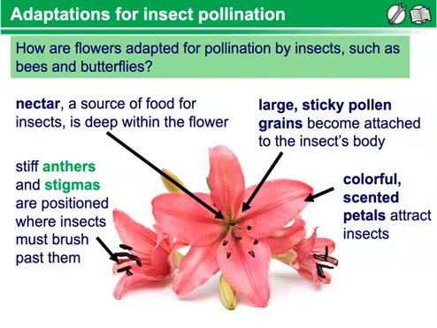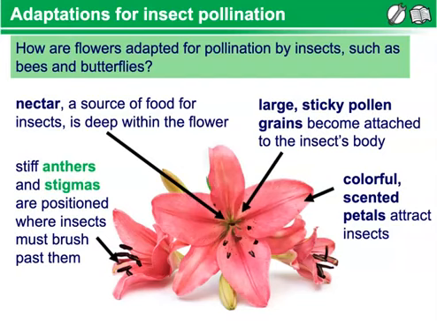Adaptations for insect pollination. How are flowers adapted for pollination by insects, such as bees and butterflies? The nectar that is produced is often a source of food for insects, and it's deep within the flower itself. Large sticky pollen grains become attached to the insect's body when it lands on that portion of the flower.